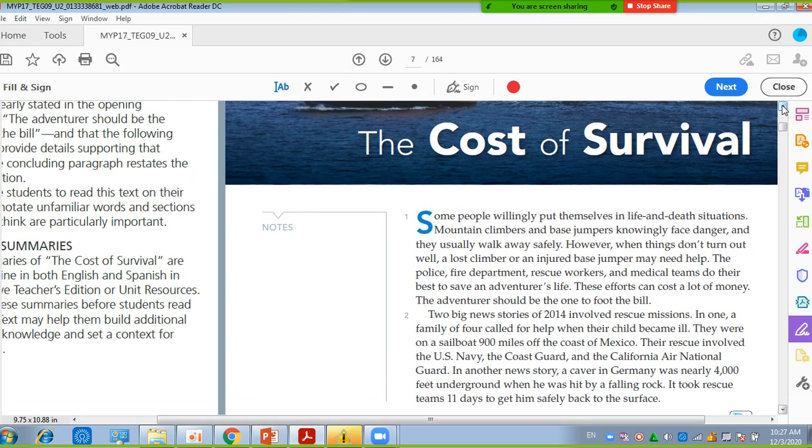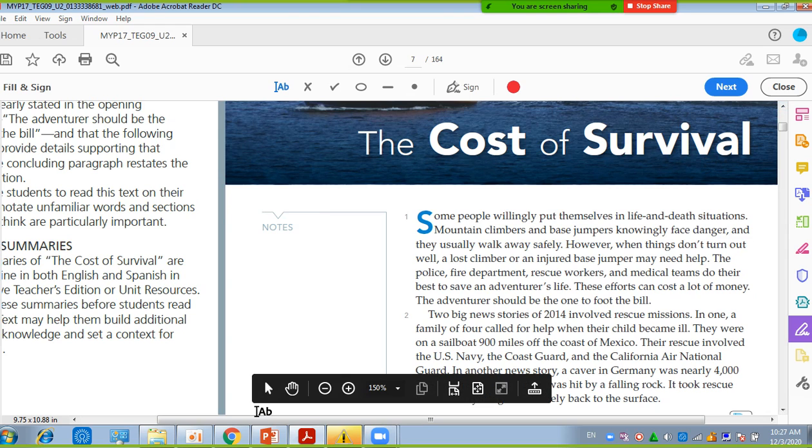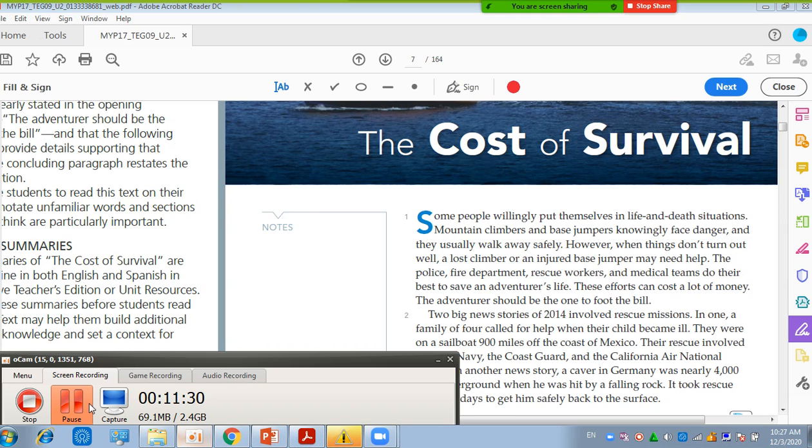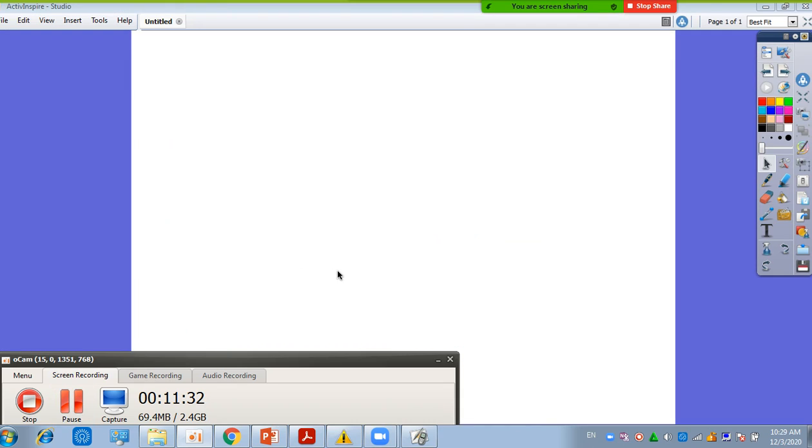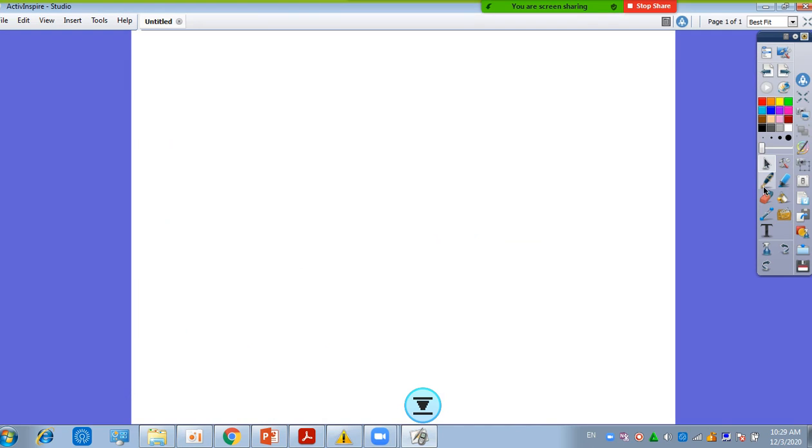Before we go through the text, let's go to a page I found for you to explain what the argumentative text is. Okay, here we go.